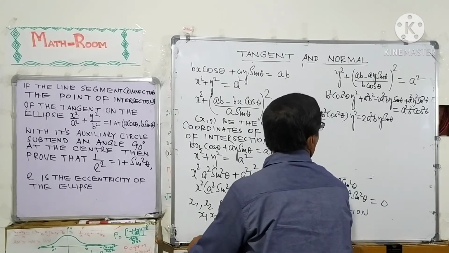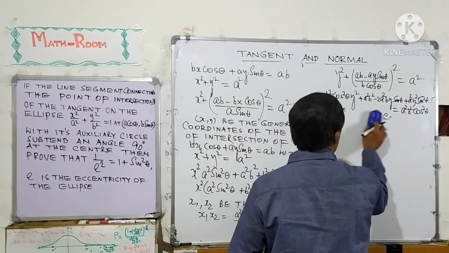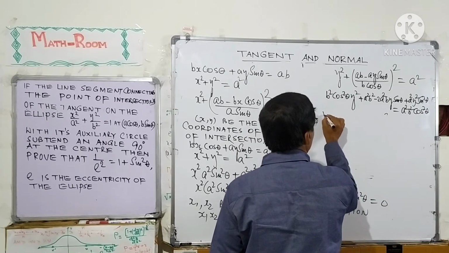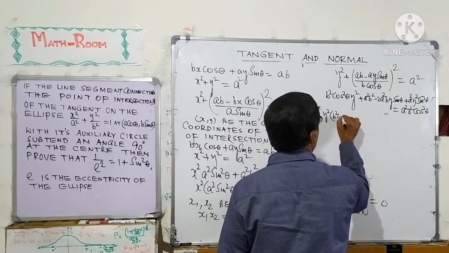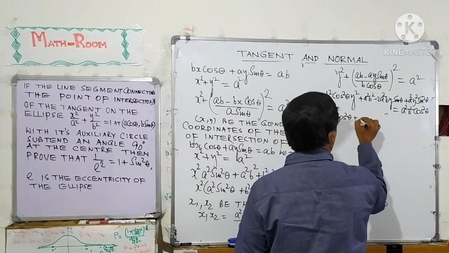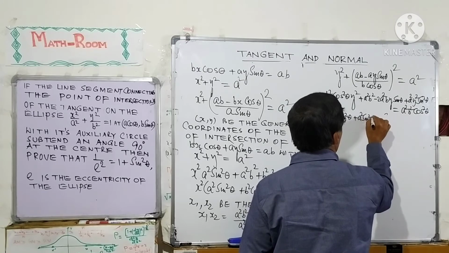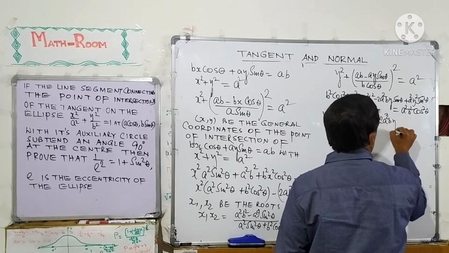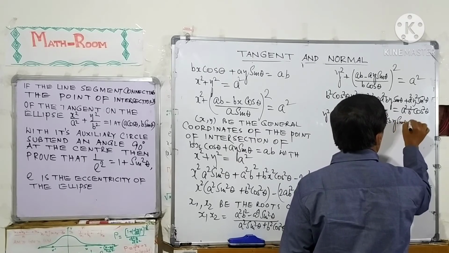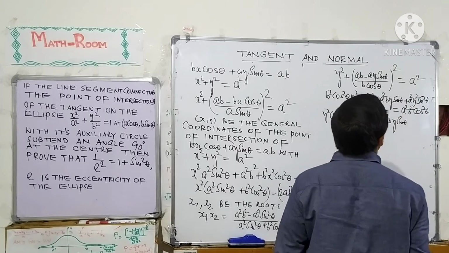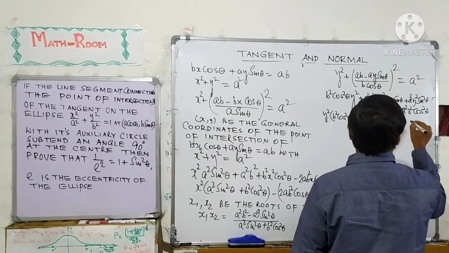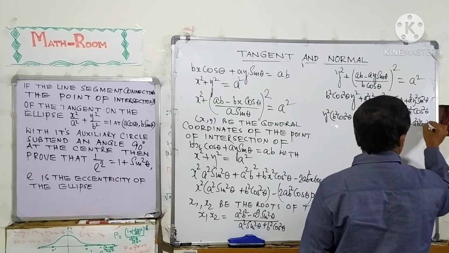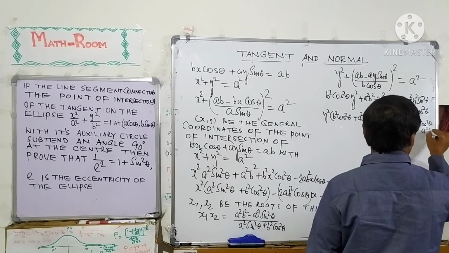Also you can write b square y square into (b square cos square theta plus a square sin square theta) minus 2 a square b y sin theta equal to a square b square cos square theta minus a square b square.